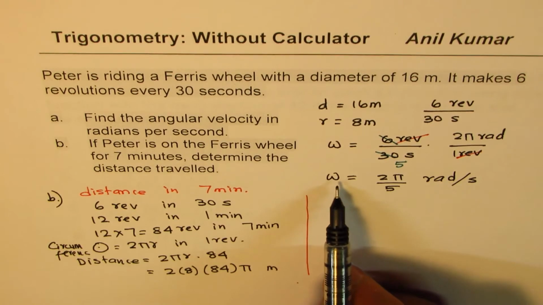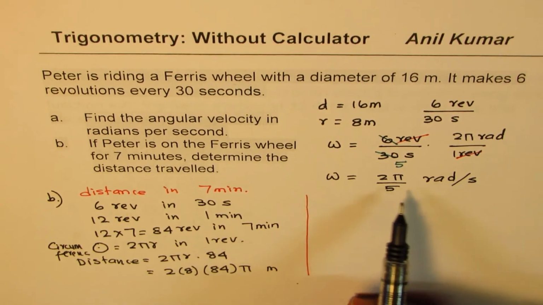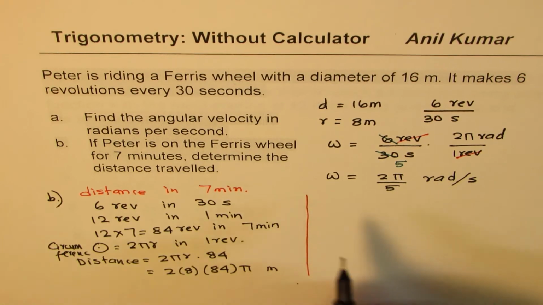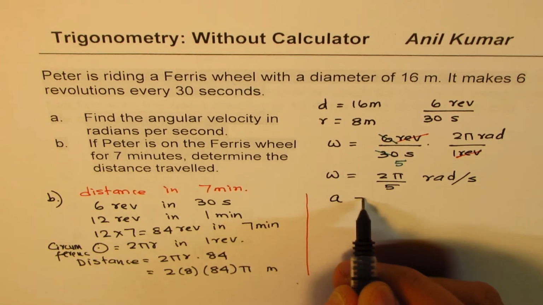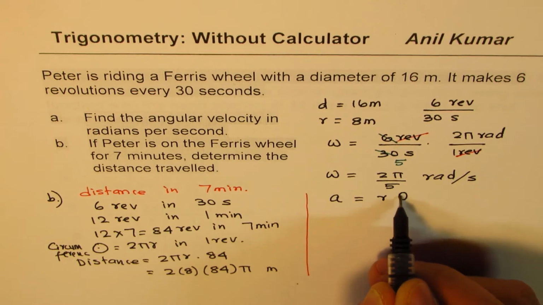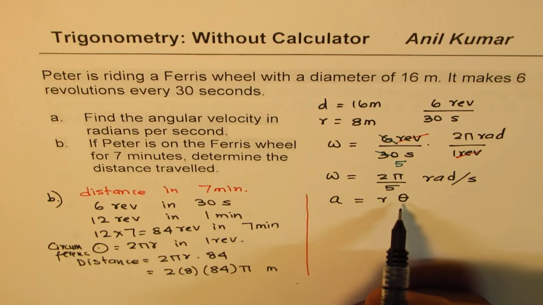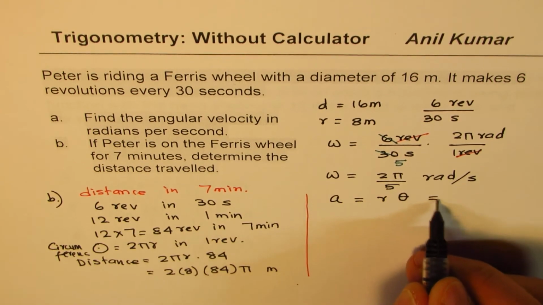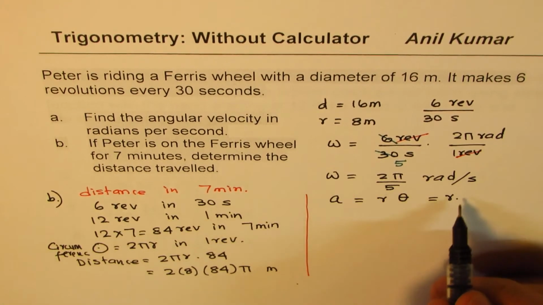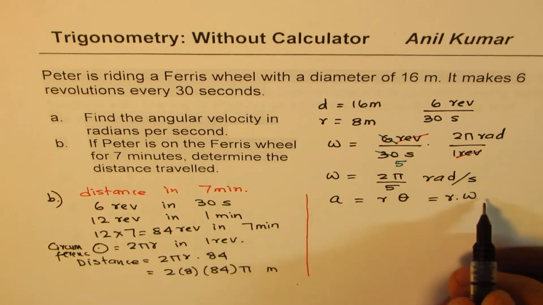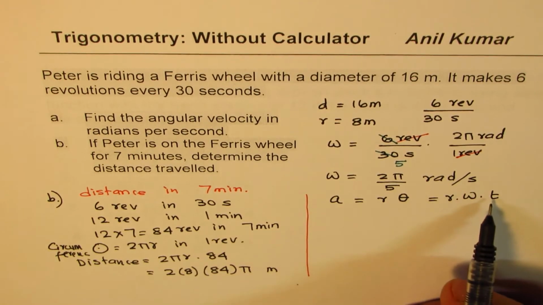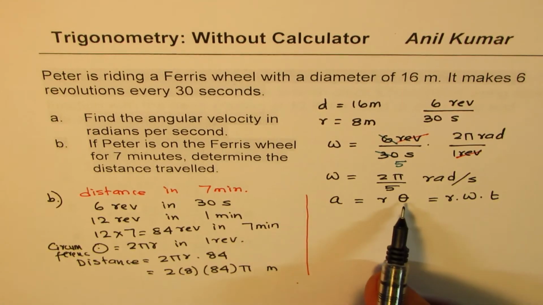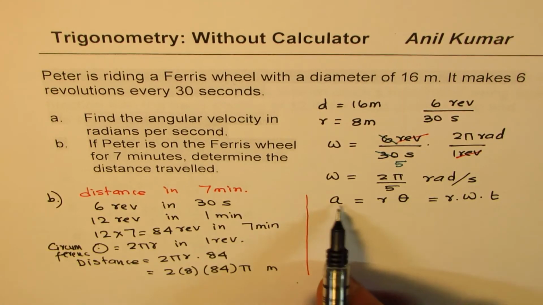The other answer we could get from omega itself. Now omega is 2 pi by 5 radians per second. Now we know arc length A equals r times theta. Now we can find theta using omega t. So we could write this as r times omega, which is the speed. If I multiply by time, then we get the angle, and so we can find the total distance.